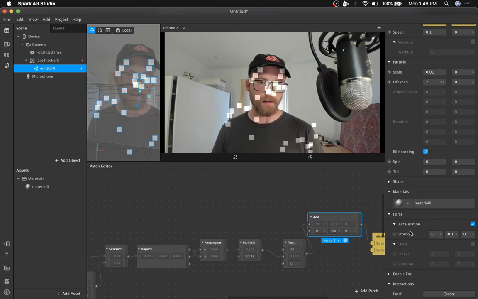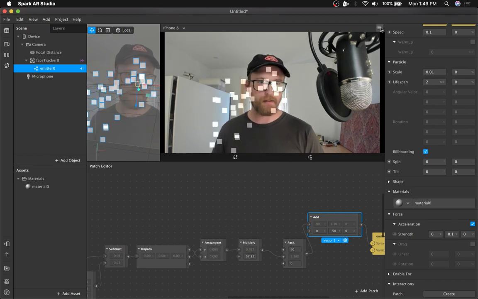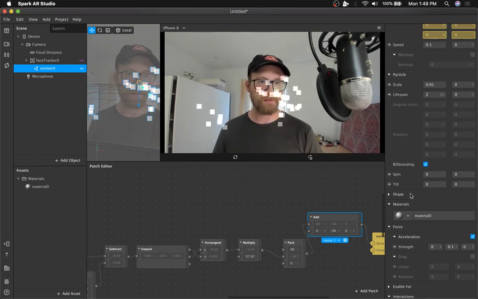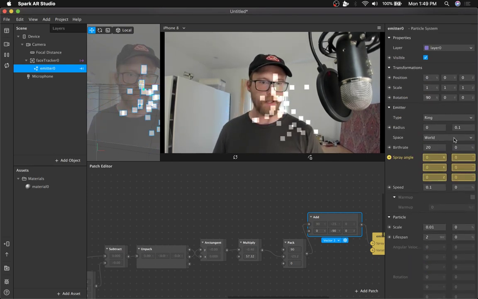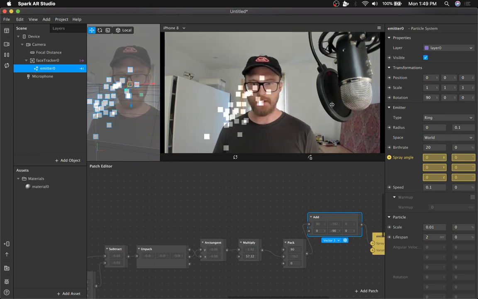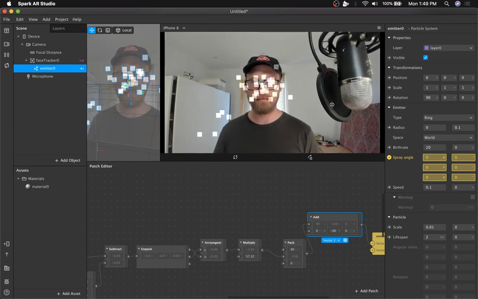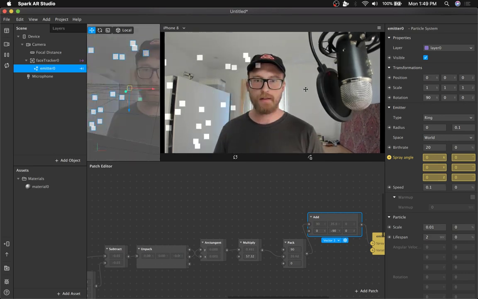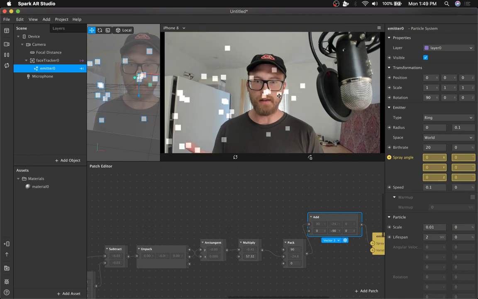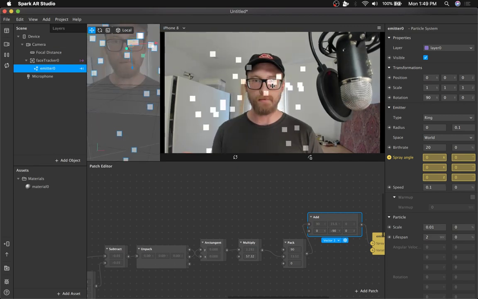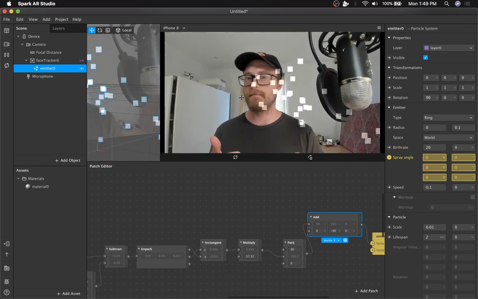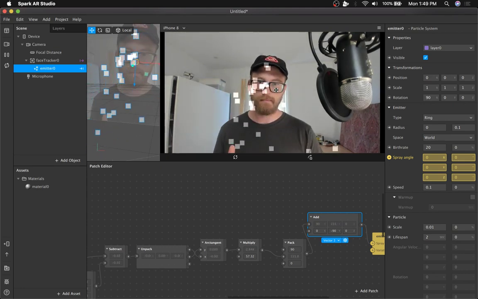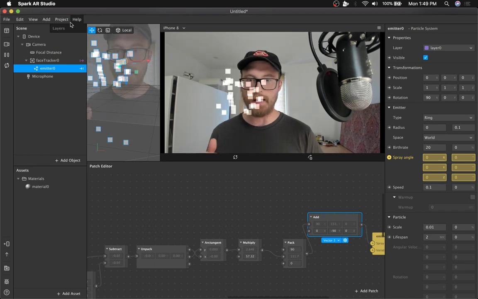So another thing, this tripped me up for a while. Even though we have the particle system space set to world, for some reason Spark doesn't add the capability you need. It doesn't add device motion. So even when this works in the editor, when you move around the camera or the device in the editor, you can see that it will follow the movement of the device. But when you go to test it on device, that won't happen.